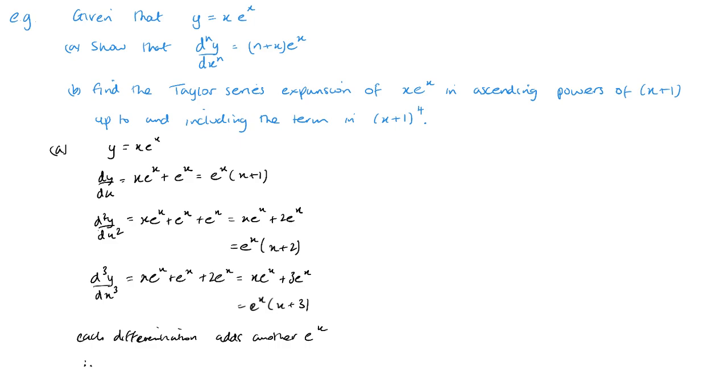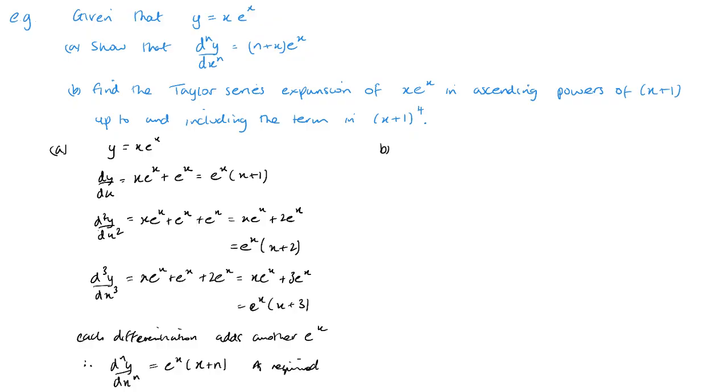Therefore d^n y by dx^n is equal to e to the x plus n. That's required. Okay, so that is part A complete.